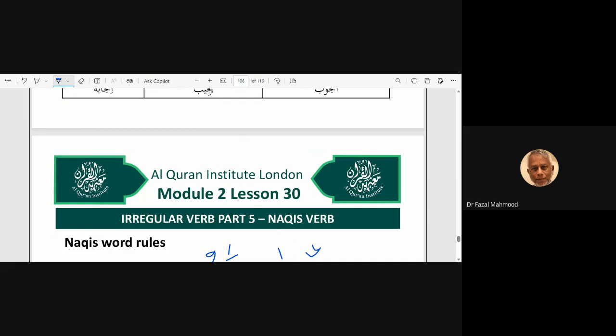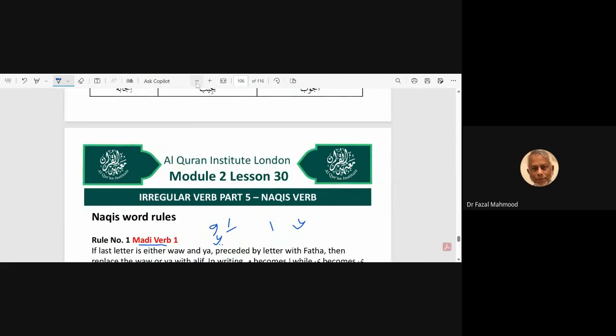Any question about that? The revision classes will be from the beginning of the module, not lesson 1, 2, 3, 4 like that, but selected, short. So this is already planned, and the dates are all scheduled.